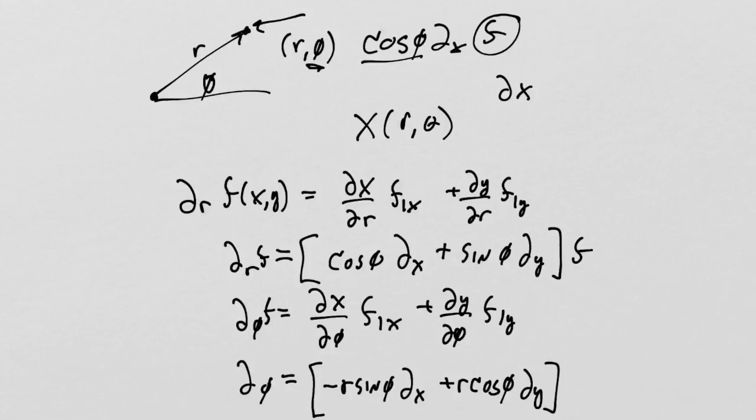So I take the function f, operate against it with the differential operator partial x, multiply by cosine phi, and that will end up being another function. Because remember, f is a function of x and y, so this differential operator is going to return another function of x and y, and I evaluate that at this point.